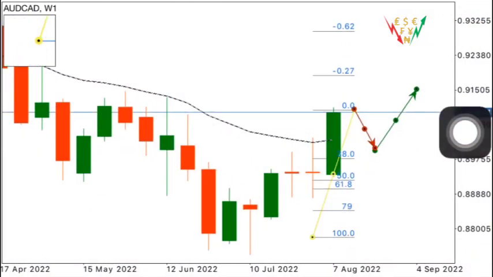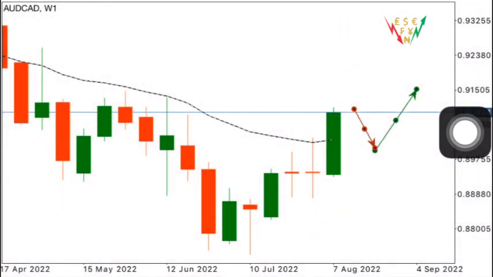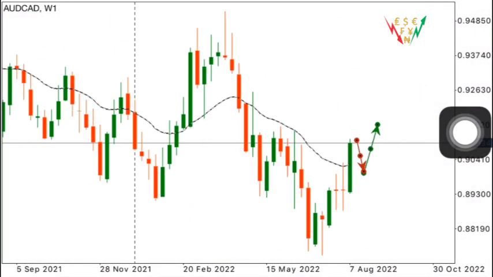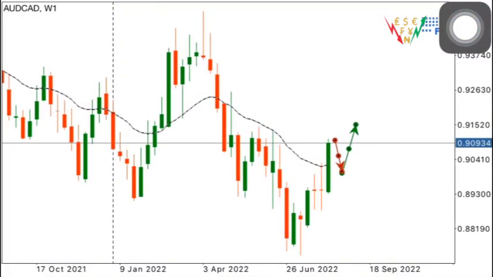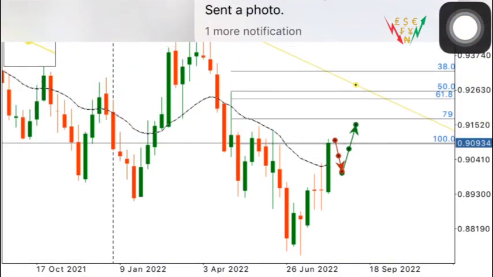Now let me remove this, so we can see how we want to match this with the higher time frame swing, or the swing in the trend.